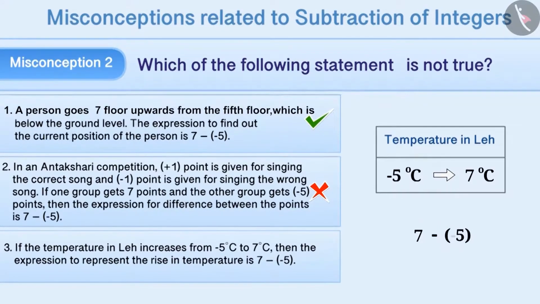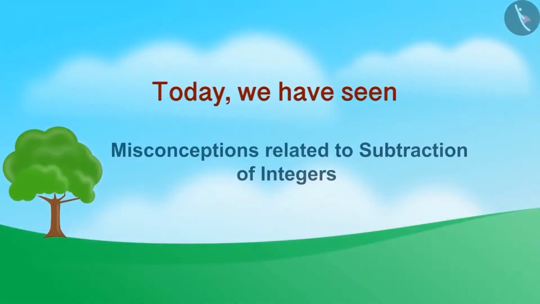Because of this, the expression is written as 7 minus 5. This is also a misunderstanding. The correct understanding is that to find out the increase, -5 degrees centigrade should be subtracted from 7 degrees centigrade. That means the expression will be 7 minus -5. Since the given statement represents the correct statement, this also cannot be the answer to the given question. Today, we have seen misconceptions related to the subtraction of integers.